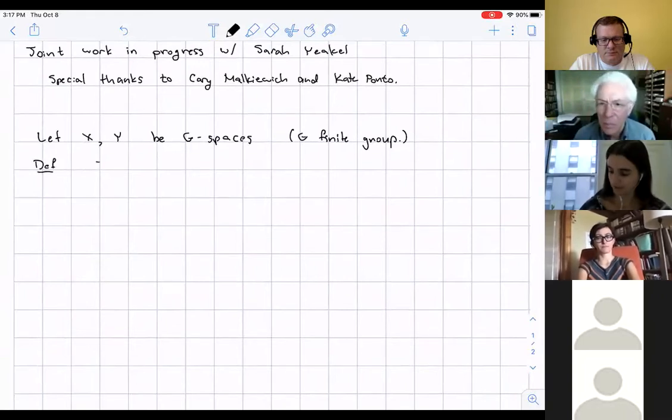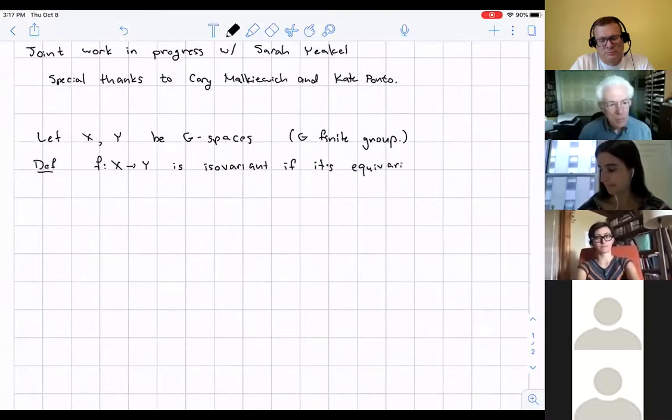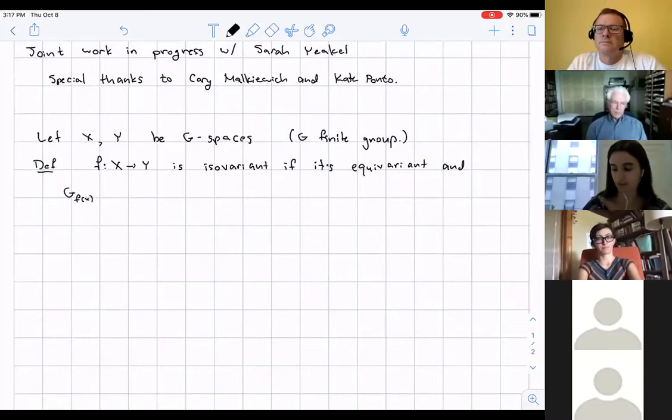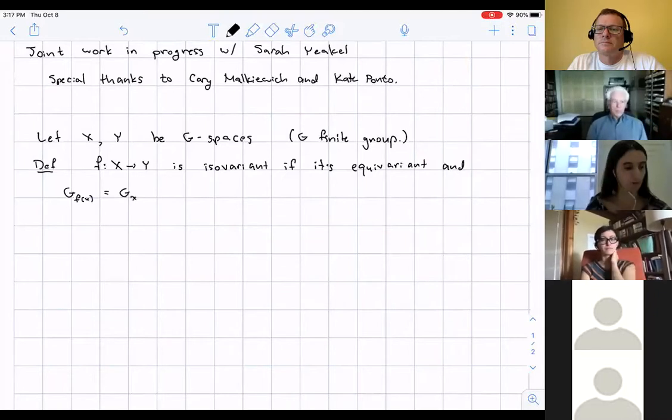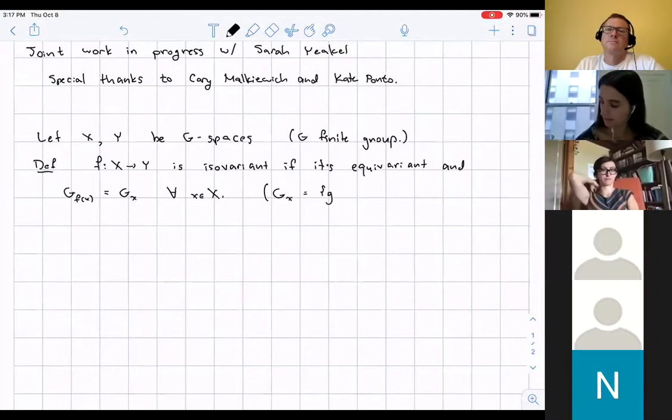A map f from X to Y is called isovariant if it's equivariant and it preserves the isotropy groups. So the isotropy of f(x) is equal to the isotropy of x for all x in X. Just to set notation, by G_x, I mean all of the elements of G that fix the point x.